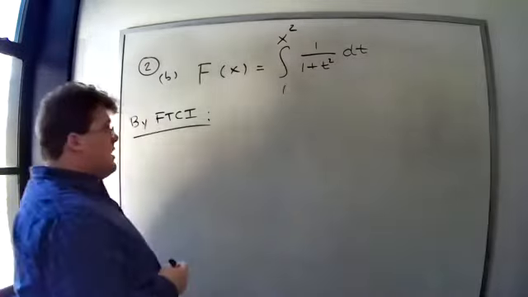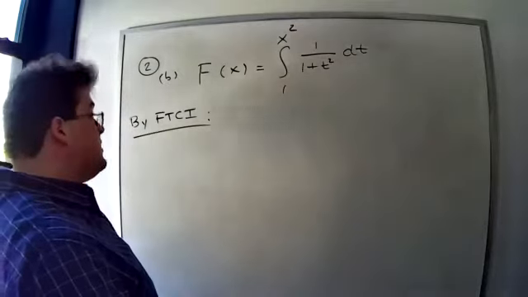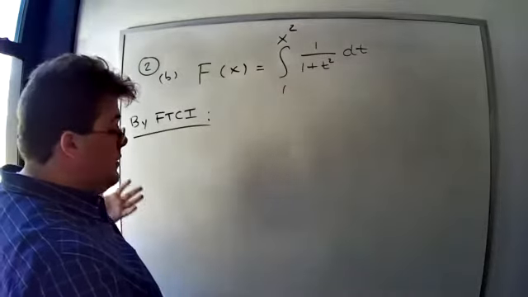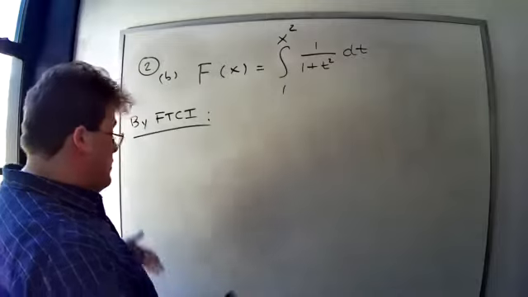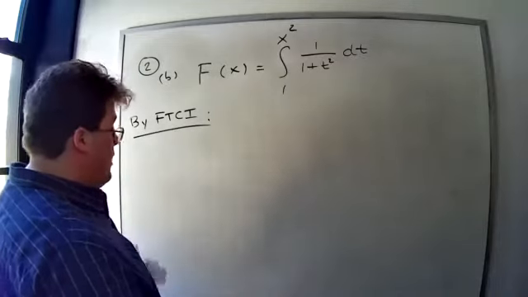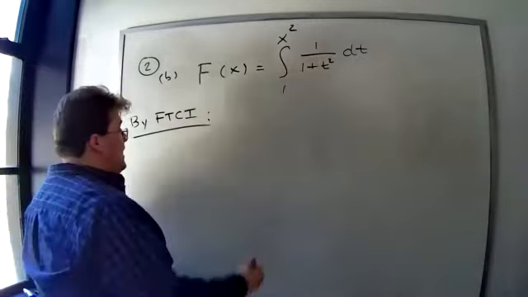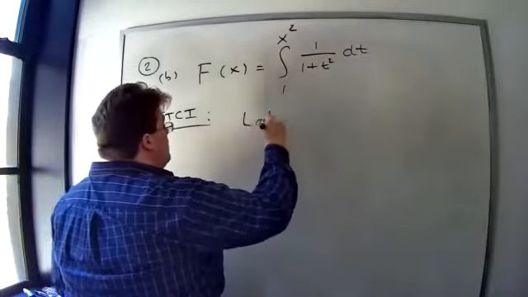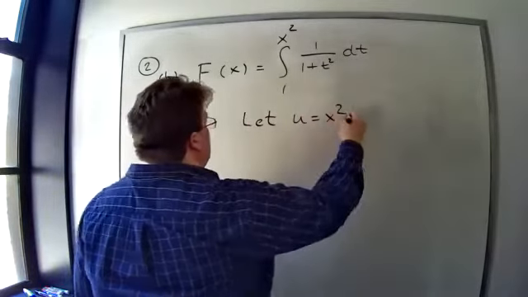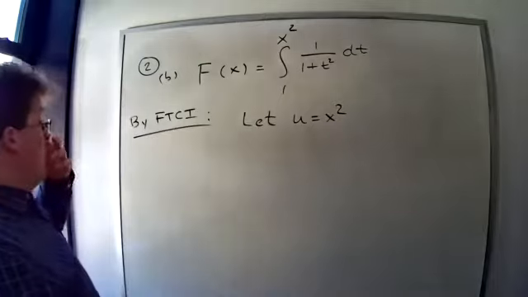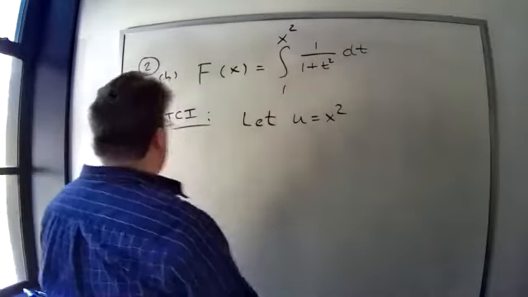So here, we can make a substitution which will reduce this integral to a function on which the first part of the fundamental theorem of calculus applies directly, meaning we can let u equal x squared. And what happens if we do that?